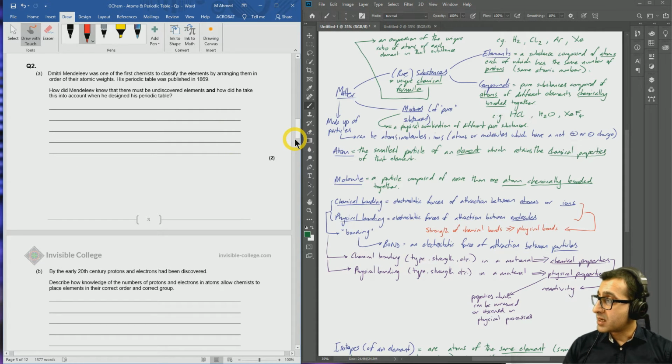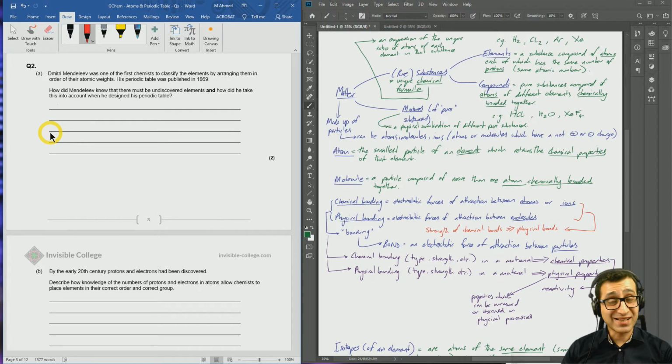So essentially, and again, another point of exam technique, which I try and hammer home to you guys again and again, is don't just pay attention to the number of marks available here. Also pay attention to the number of lines that you're being given for your answer. Now, this takes into account the number of lines that examiners have discussed and also tested with focus groups of students, which would be required to give the kind of ideal answers.